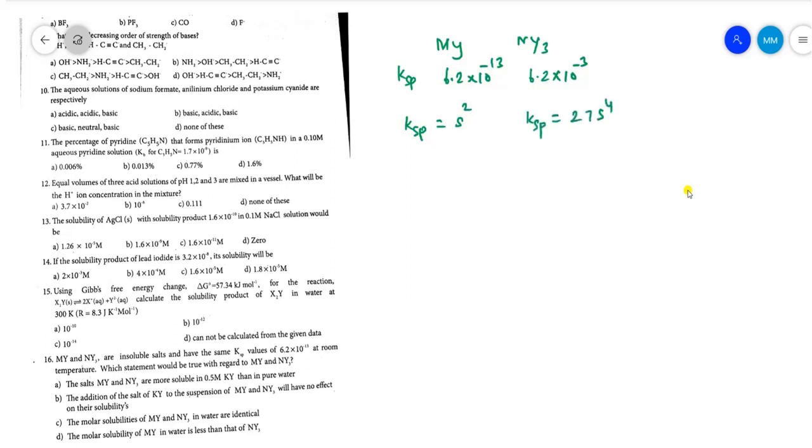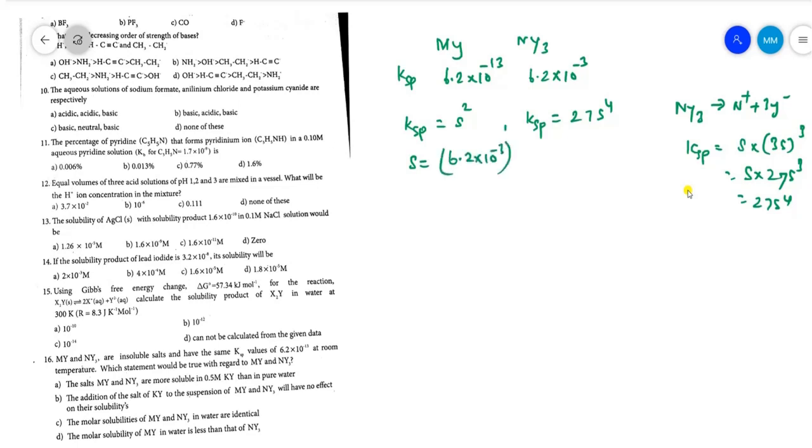The relation is obtained as NY3 dissociates to give N plus and 3Y minus. Ksp is obtained by S into 3S whole power 3. So this is equal to S into 27 S power 3, which is equal to 27 S power 4. So the S value for MY is approximately 2.2 into 10 power minus 3 whole power 1 by 2.